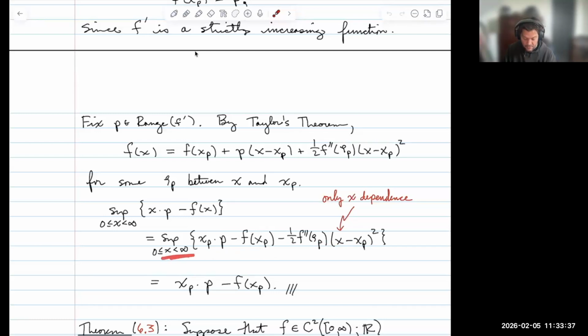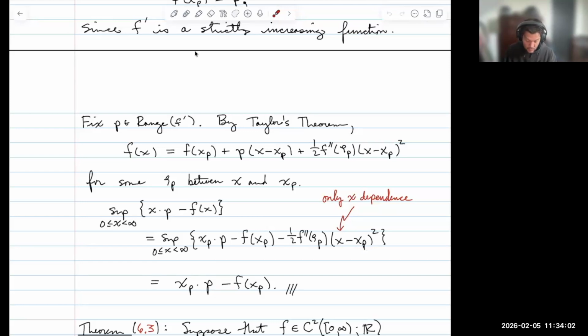We're taking the supremum over the domain of the original function, x. Now, what do we have here? We have 1/2 f double prime of psi p times x minus xp, quantity squared.